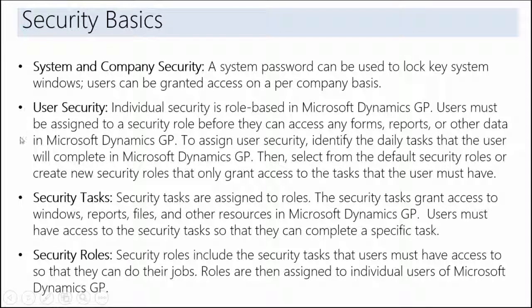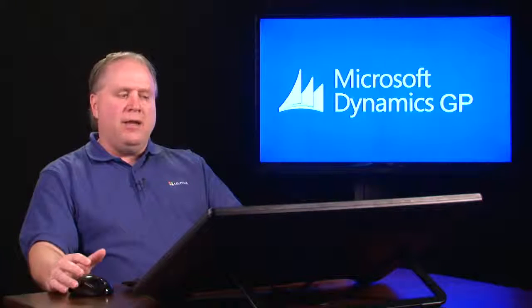The most common is user security, like I said, especially if you're a larger company. And user security is usually role-based within Microsoft Dynamics GP. Within Microsoft Dynamics GP, we have a couple of things that you set up, and we'll show you those in just a minute. We have security tasks, and we have security roles. So a security role is basically just a collection of tasks.